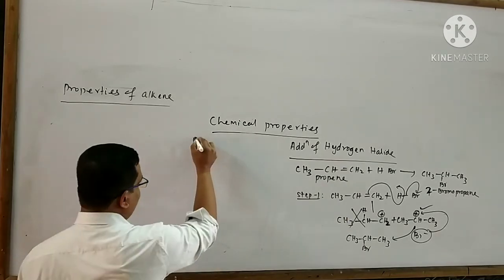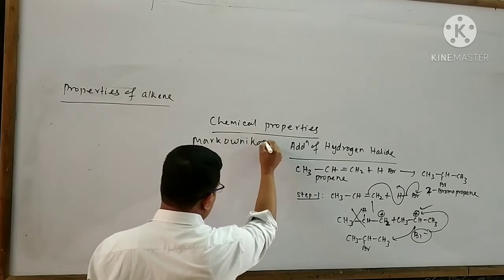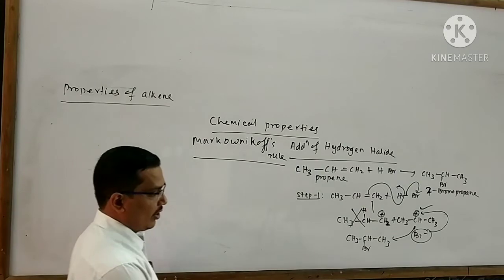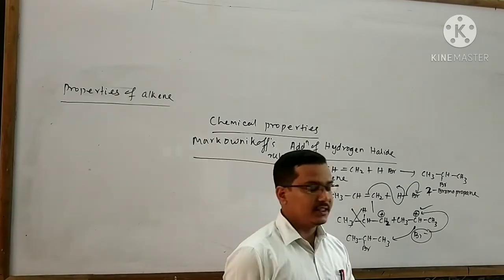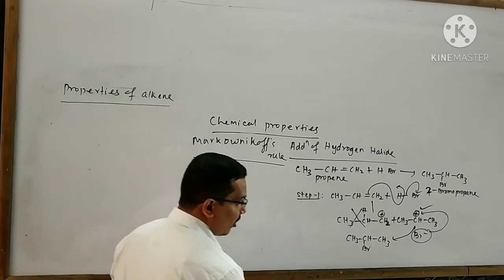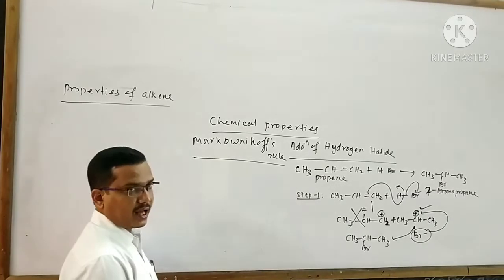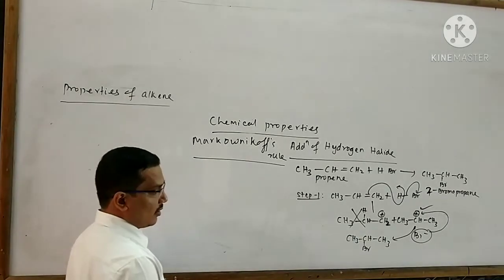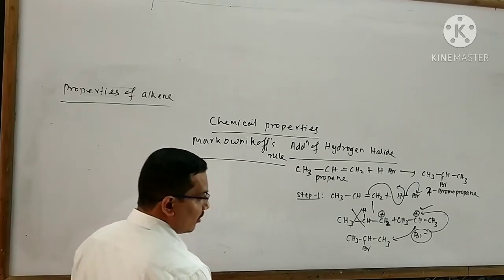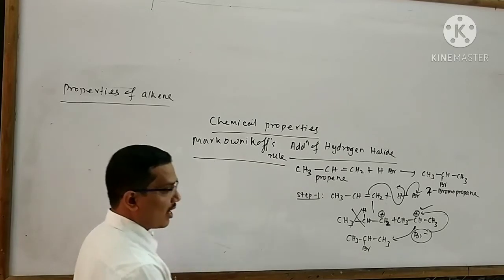Then what is Markovnikov's rule? According to this rule, when an addition reaction takes place across a double bond in an unsaturated molecule, then the negative part of the addendum goes to the carbon atom to which a lesser number of hydrogen atoms are linked.